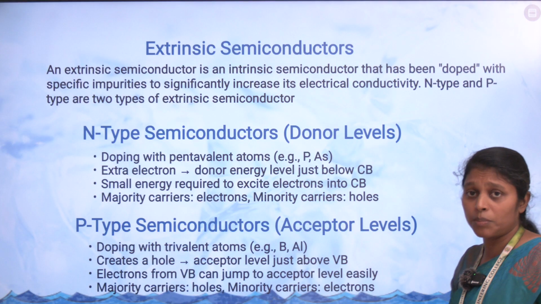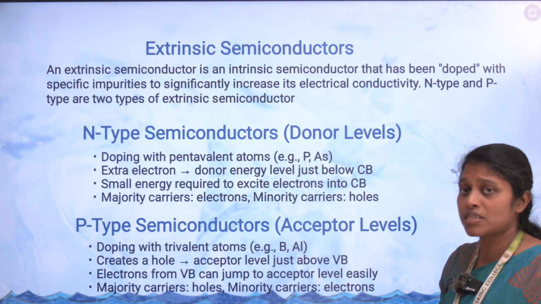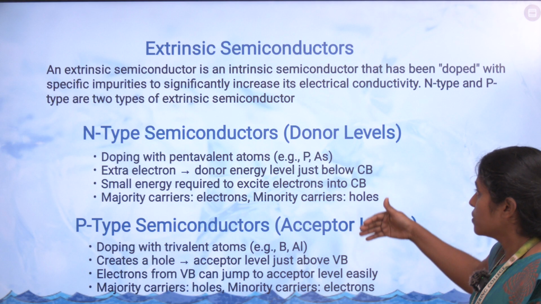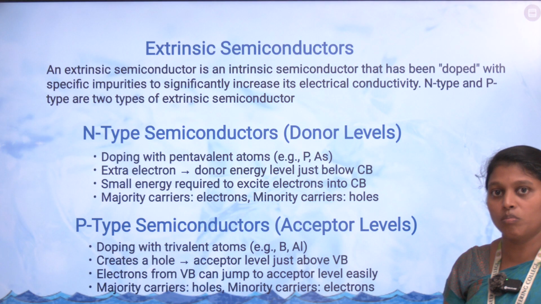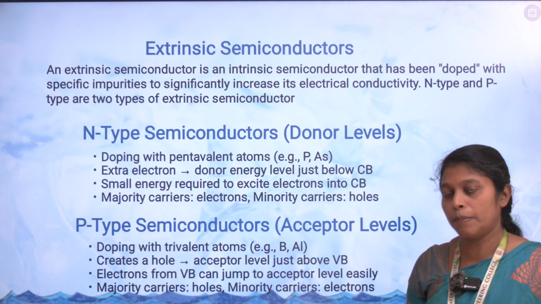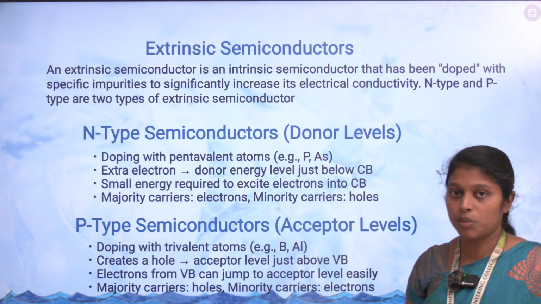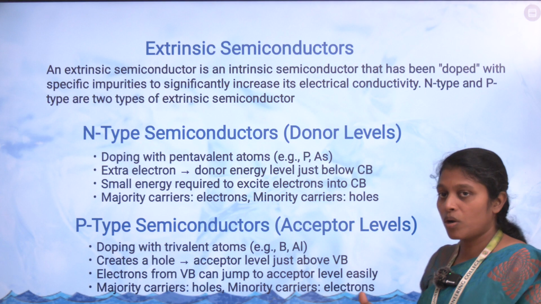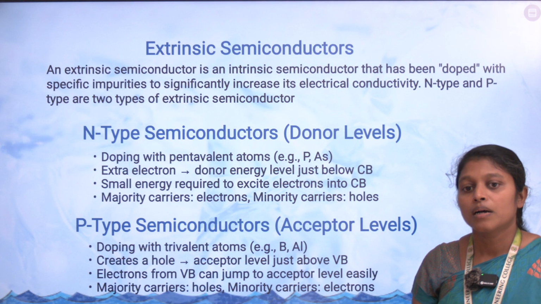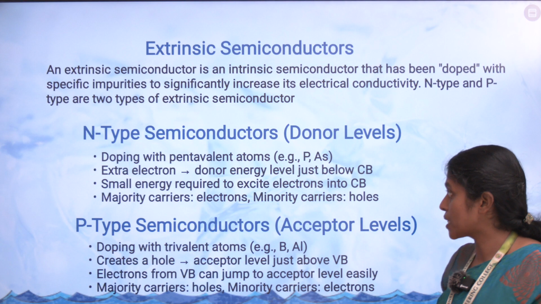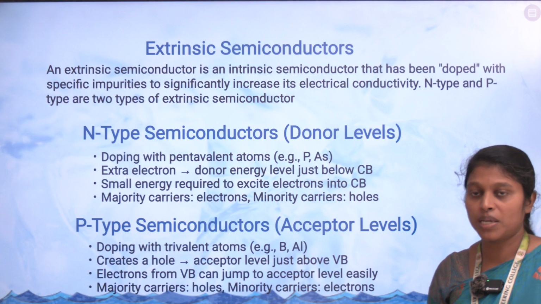The N-type semiconductor is also known as the donor level semiconductor. Pentavalent elements, for example phosphorus and arsenic, are used for N-type semiconductor.